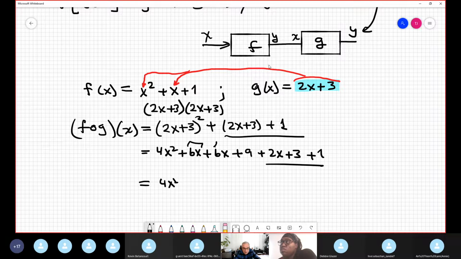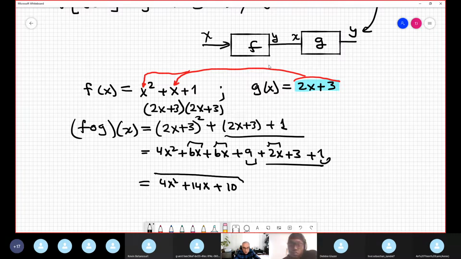We have 12 and 2, which is 14x. Then the constant: 9 plus 3 plus 1. I forgot the 3, so it's not 10, it's 13, because 9 plus 3 is 12, plus 1 is 13. So 14x plus 13.